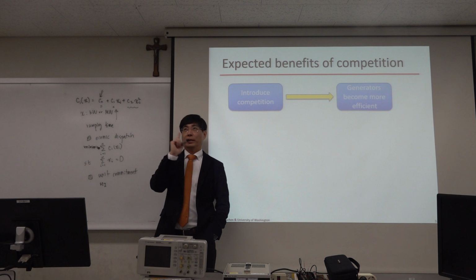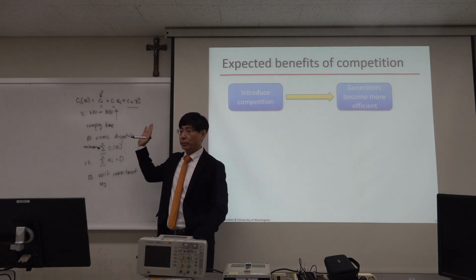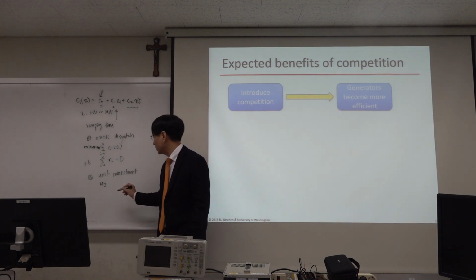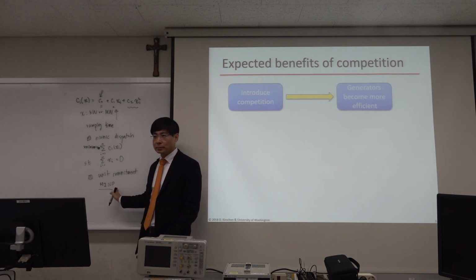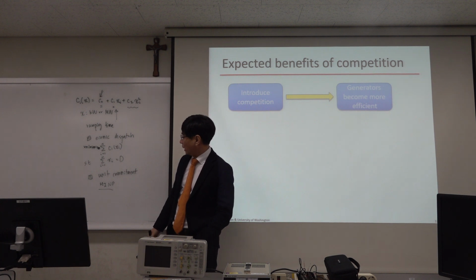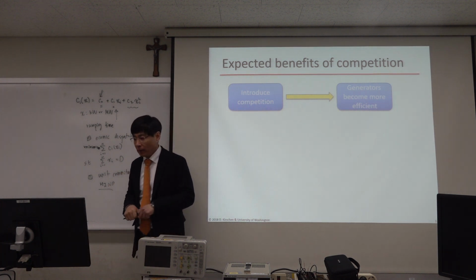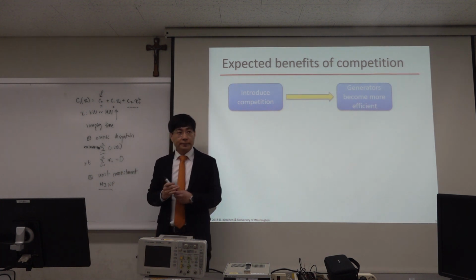MILP is mixed integer linear programming. This is not linear programming, it's mixed integer nonlinear programming, so MINLP, but I'm not sure this kind of abbreviation is used or not. But anyway, you know what I'm saying. We will discuss these things later.